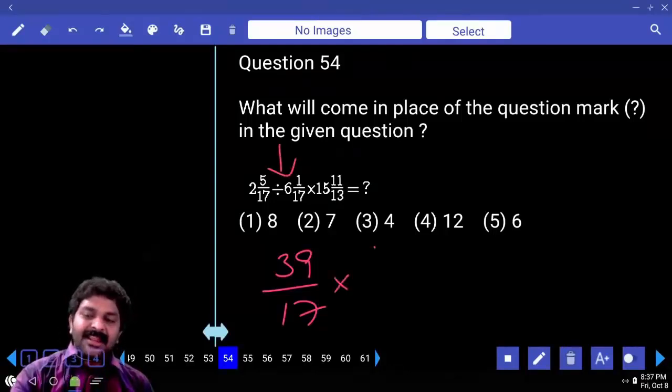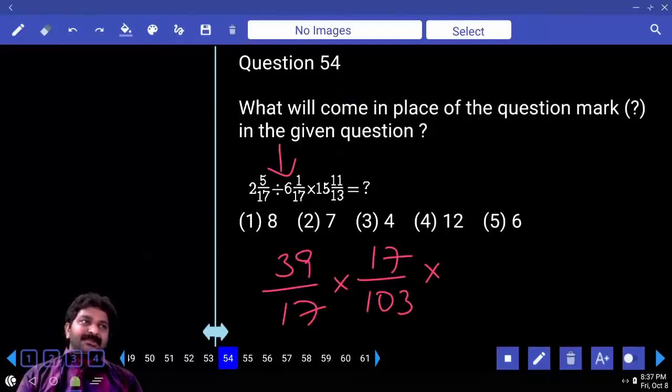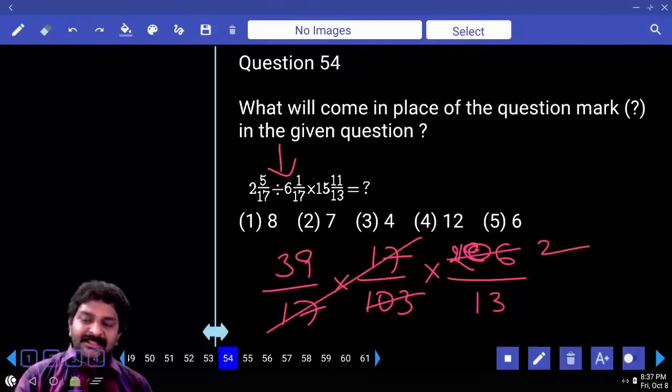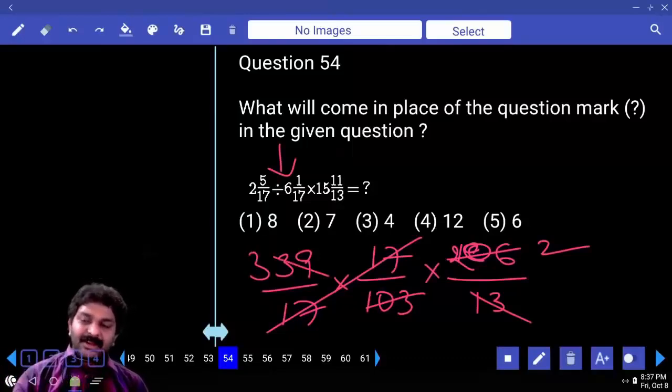Then the same we can write it as 17 by 103 only into 15. 13 times 195 plus 11, 206 divided by 13. 103 exactly 2 times. 13, 17, 17 cancel. 13 3 times. 3 into 2, 6. Fifth option.